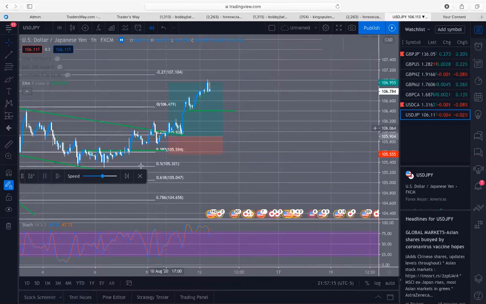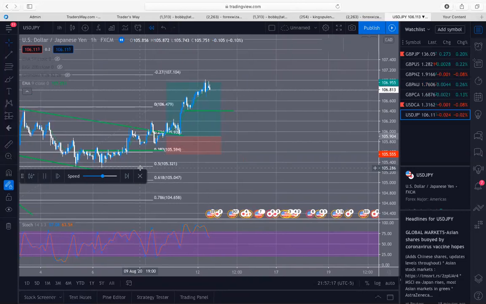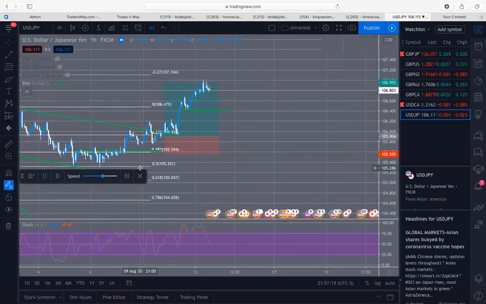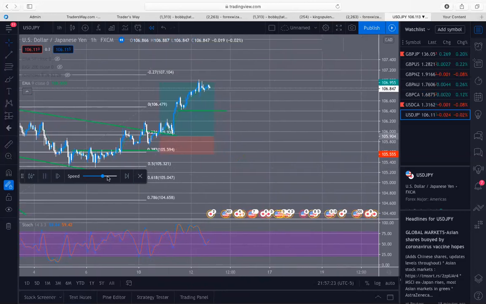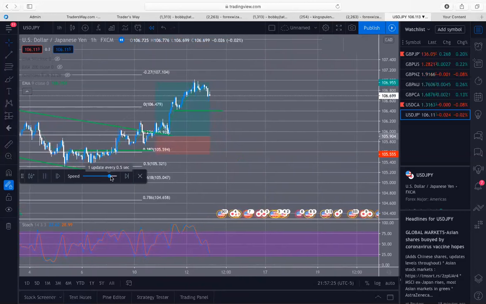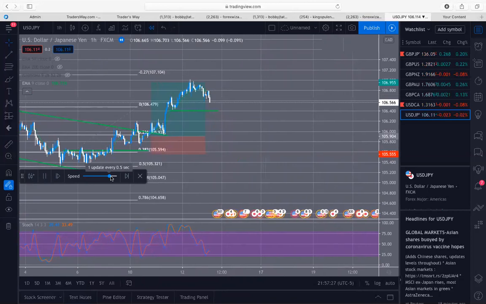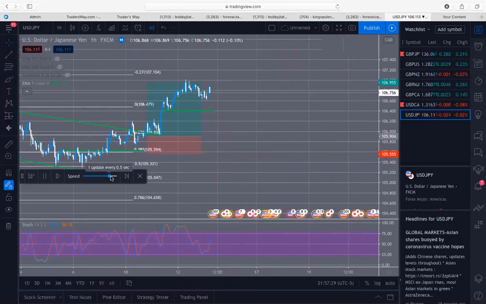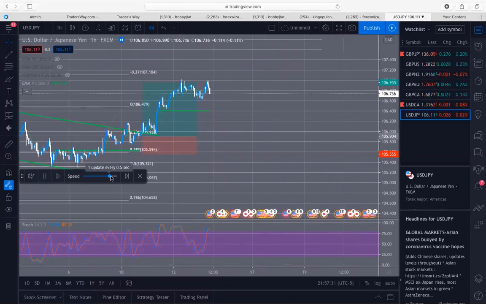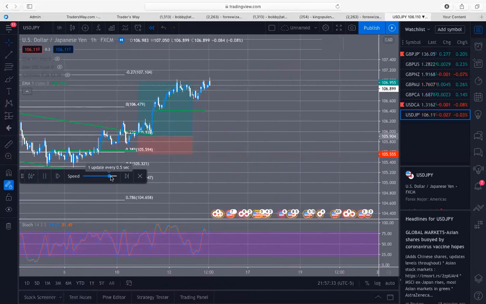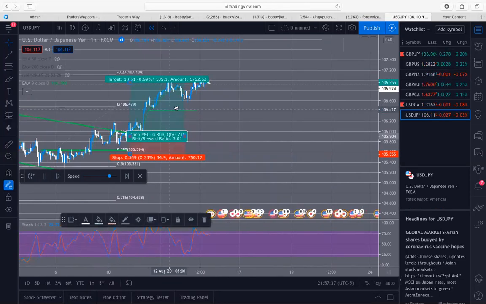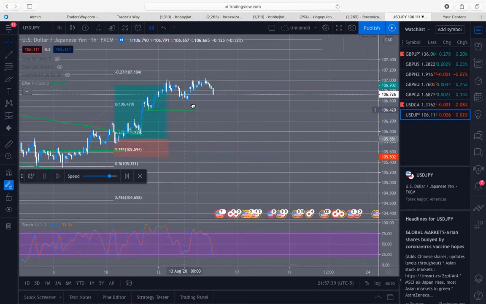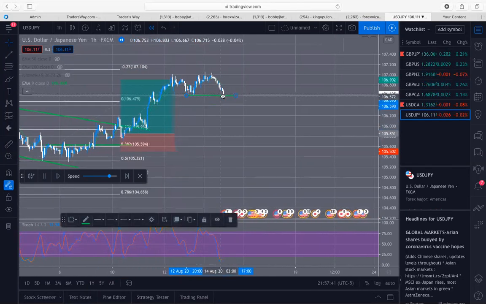So it hit the TP. So it made a higher low here, so you can move that here.